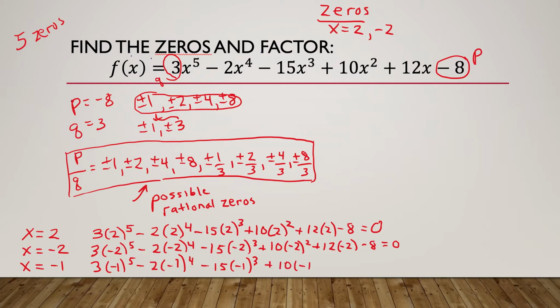When I plug that in my calculator, I can see that this is also equal to 0. And so that is my third 0 that I needed.